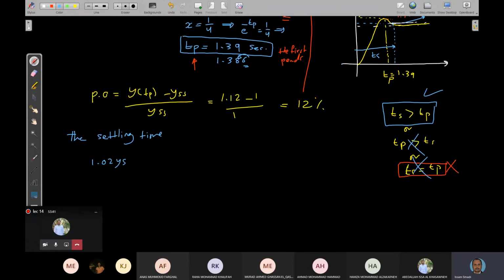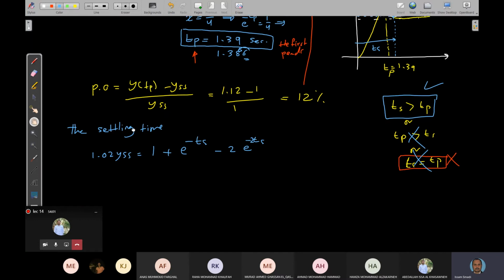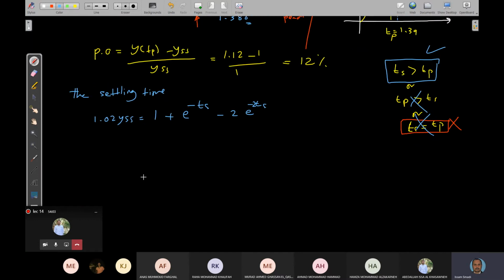So here I have only one possible scenario, which is 1.02 y steady state. This is the point here I need to calculate. This will equal 1 plus exponential minus TS at this point, minus 2 exponential minus 2 TS at the same point. Now if I evaluate, I will get minus 2 exponential minus 2 TS plus exponential minus TS.